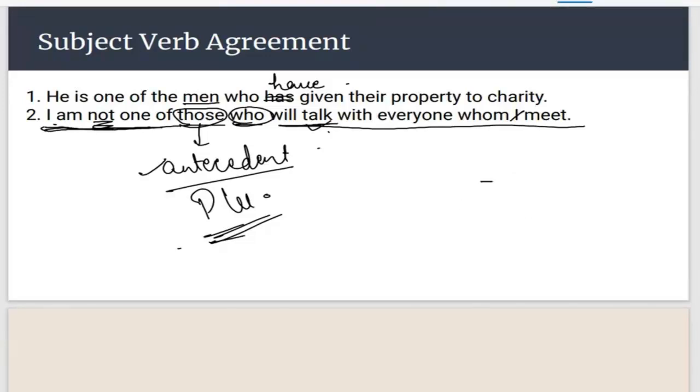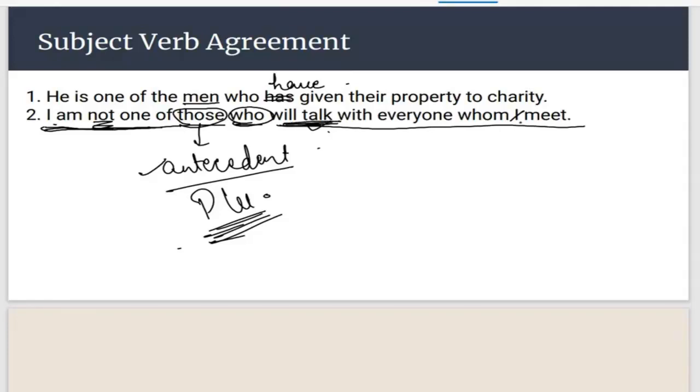So here in this sentence, there is no problem with the verb used after who. Now I have told you that if antecedent is plural, then the verb, pronoun or adjective, whatever will be used in the sentence after that, will be used according to antecedent only. Okay, verb used is correct.